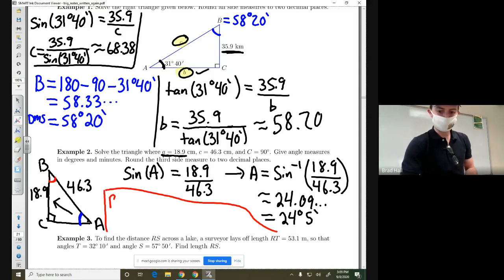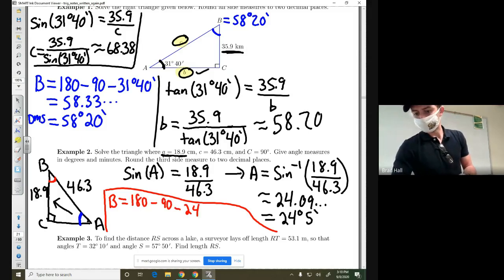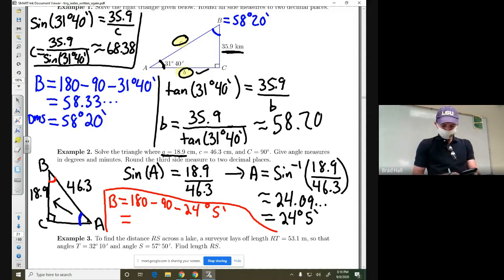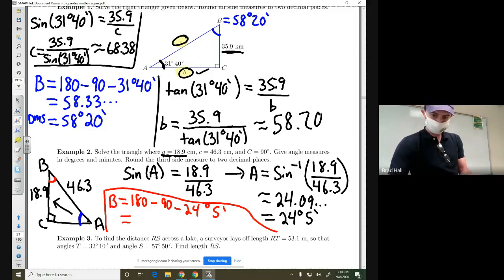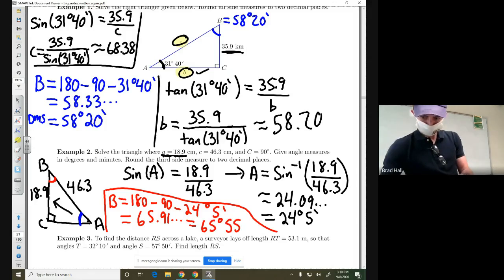So for angle B, just 180 minus 90 minus 24 degrees and 5 minutes. It's 65 degrees and 55 minutes. We could just subtract.